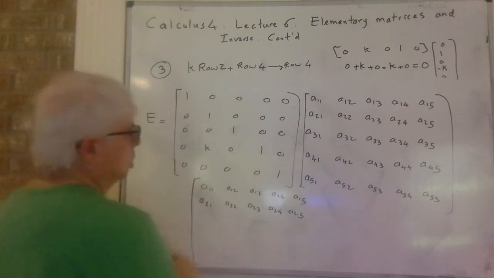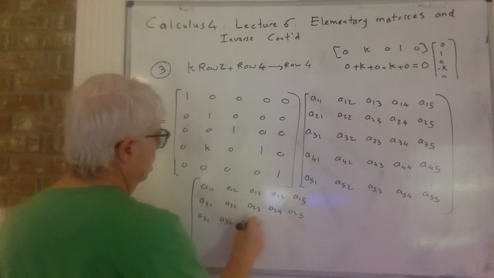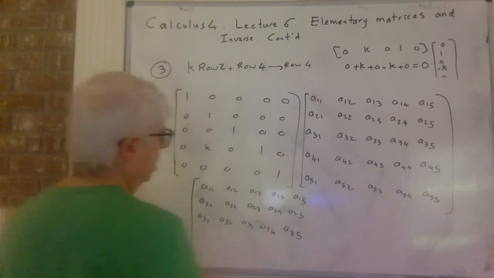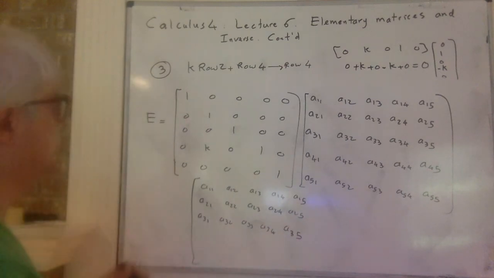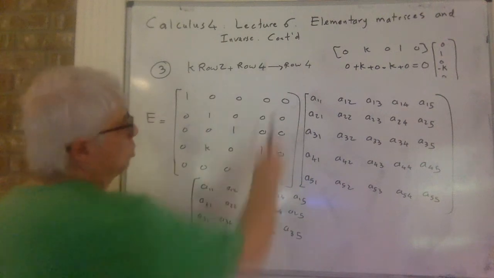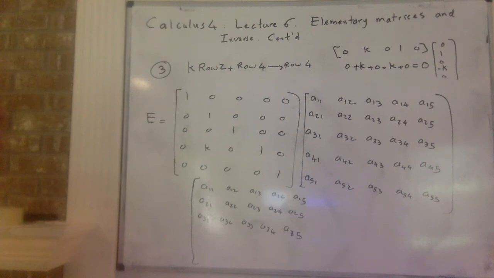The third row doesn't change. Now what happens to the fourth? So everything is in fact happening to the fourth row. You see, I'm just changing the row number 4, nothing else.